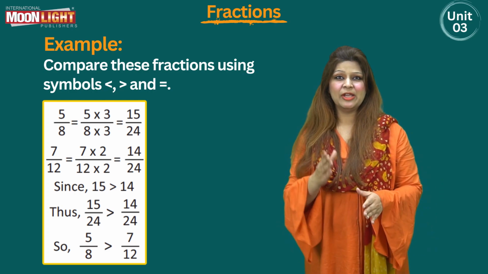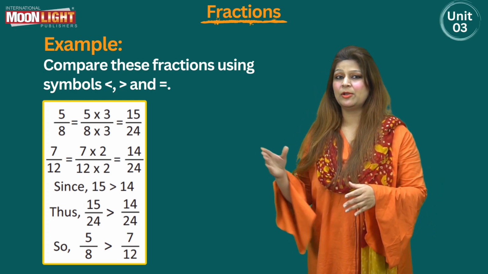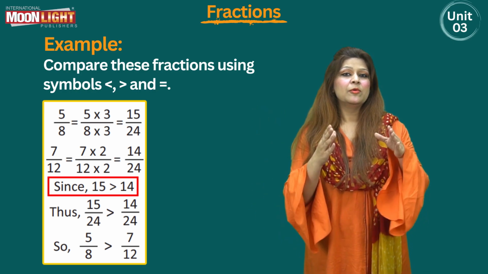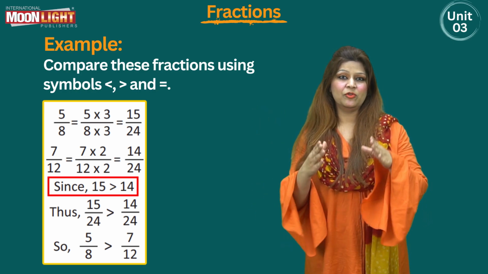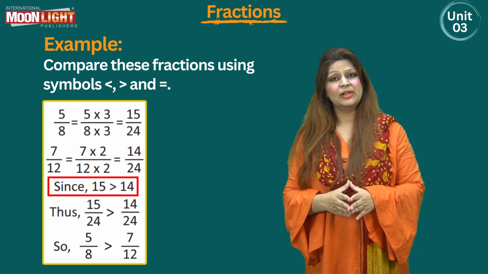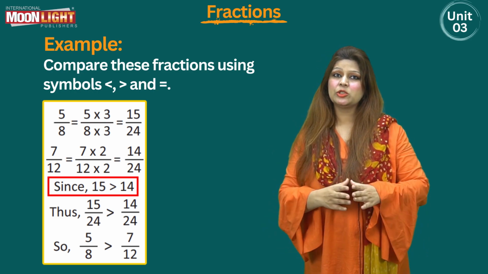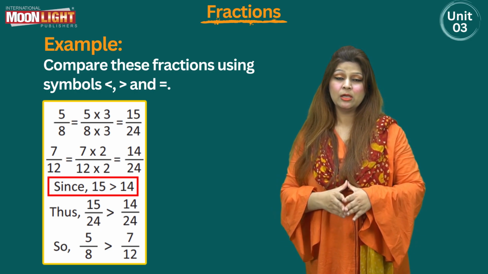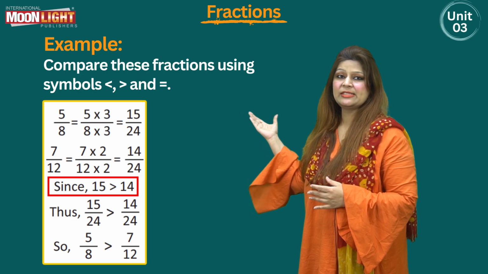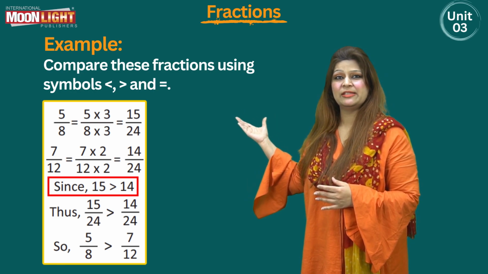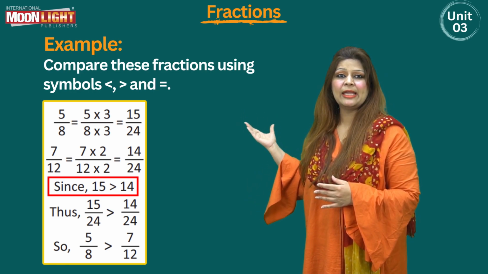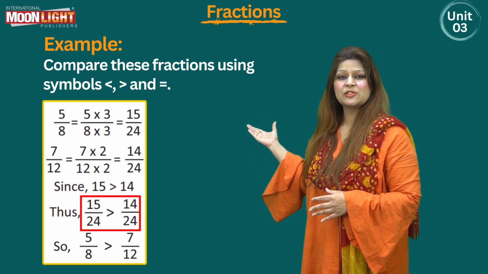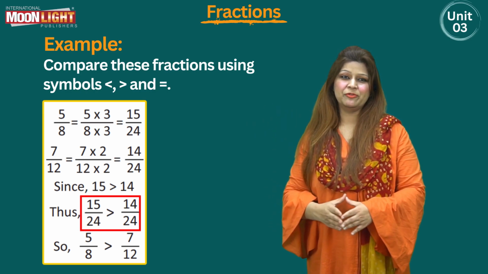We write these fractions instead of 5 by 8 and 7 by 12. Because now we have like fractions, we can check the numerators and compare them. The first number is 15 and the second number is 14, and we know that 15 is greater than 14. So 15 by 24 is greater than 14 by 24.